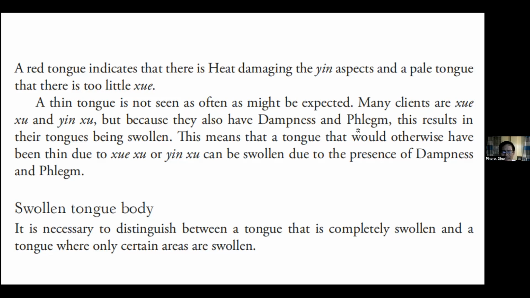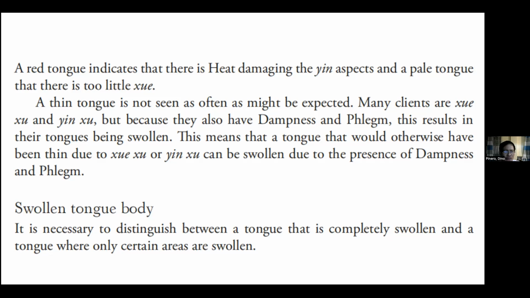This means that the tongue that would otherwise have been thin due to blood deficiency or yin deficiency can be swollen due to the presence of dampness and phlegm. So ito naman po yung i-correlate natin na blood deficient, yin deficient, but because there is swollen tongue, there is presence of dampness and phlegm.